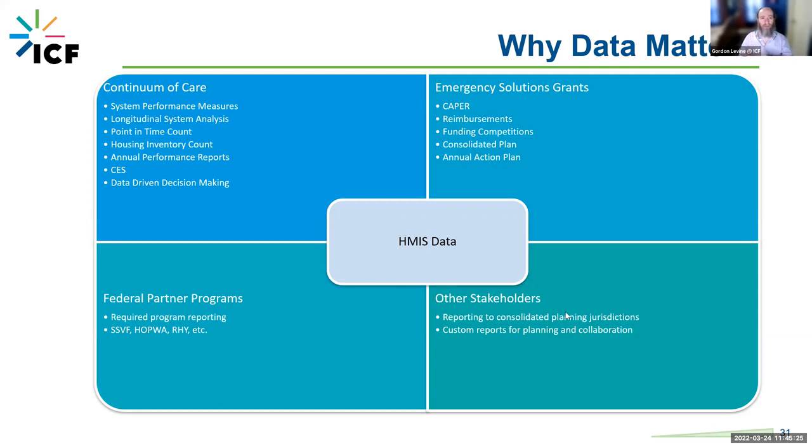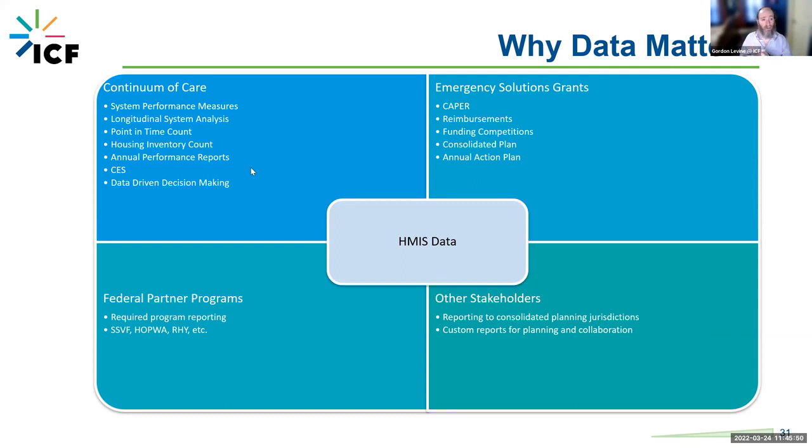From a recipient perspective, like, what do we need to care about to make sure we cross our T's and dot our I's? The HMIS data matters to your CAPER, which is your annual report to HUD, for your reimbursement requests, for your funding competitions, really, because your HMIS data plays a role in all sorts of other funding sources.